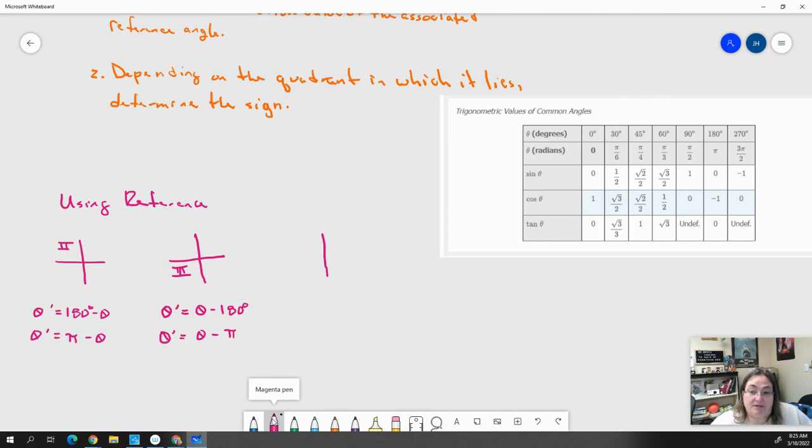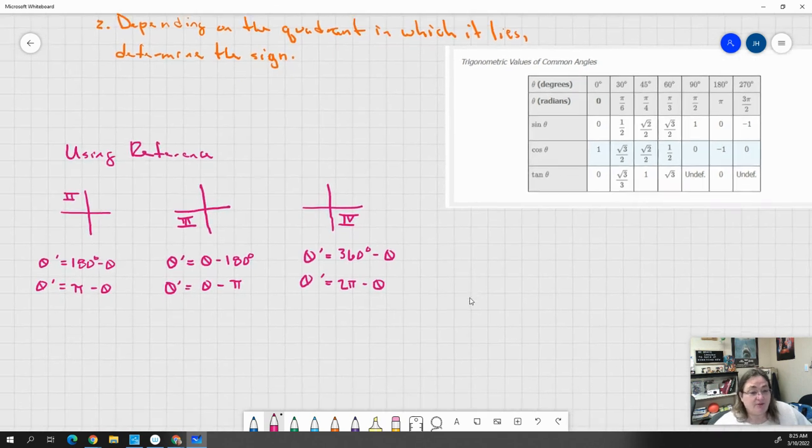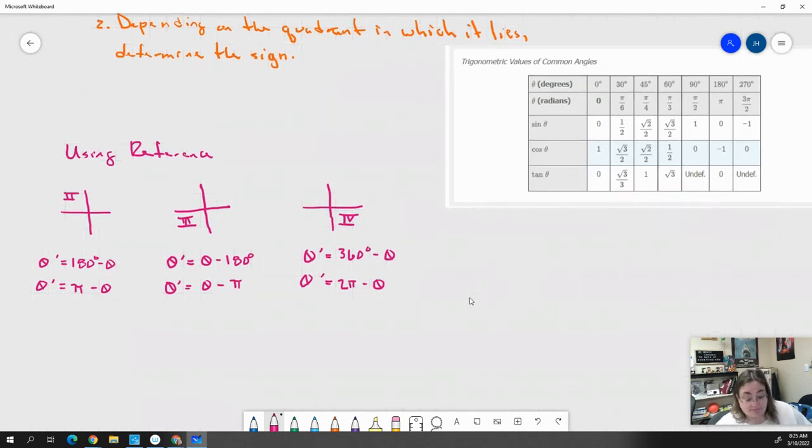And lastly, if we had it in quadrant 4, we would go theta prime equals 360 minus theta, or theta prime equals 2 pi minus theta. Do you remember those formulas that we came up with for finding the reference angles? I hope so, because that was a whole lesson.